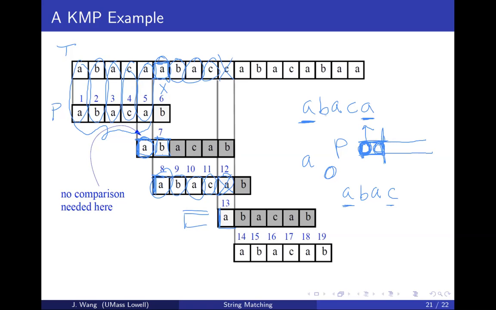So then we should just move on to the next one, right? Oh, because we don't consider this C when we look at this pattern. So the next one could be matching. It could be A here. You see what I'm saying?